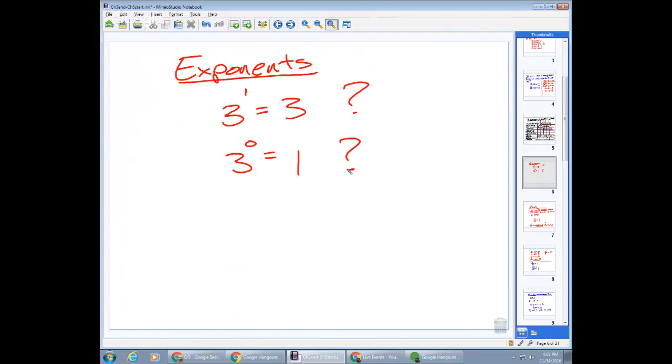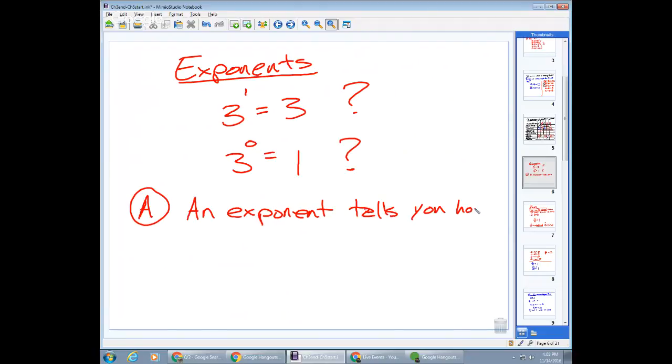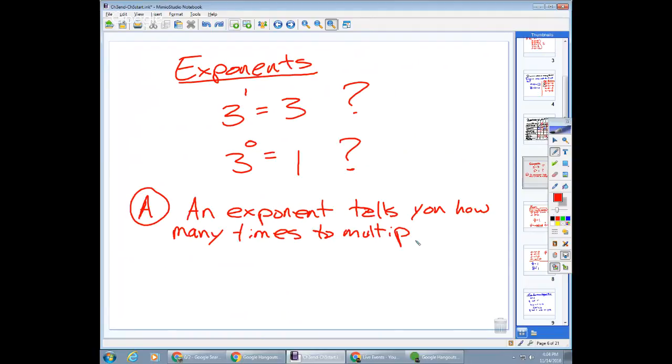So exponent means blah, blah, blah. Give me an example to go with it.